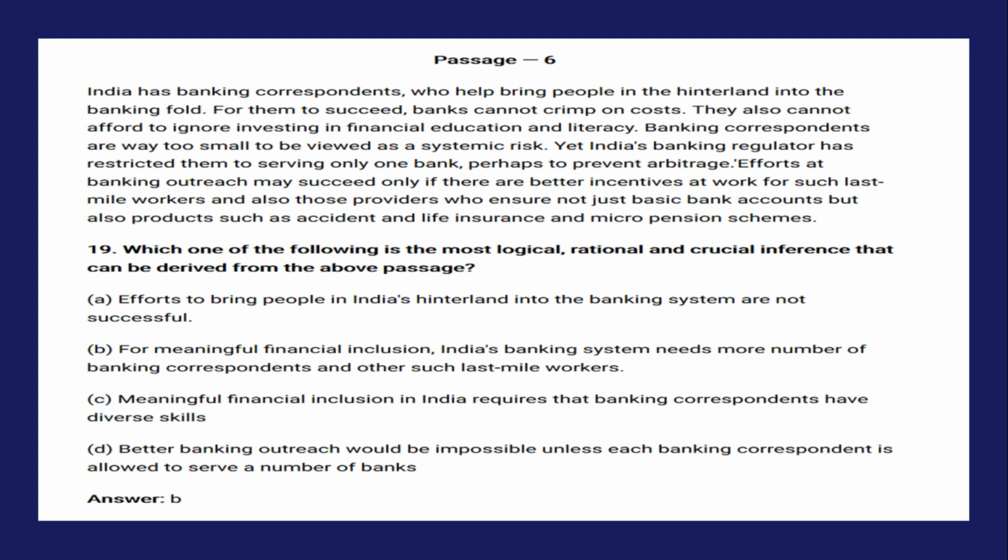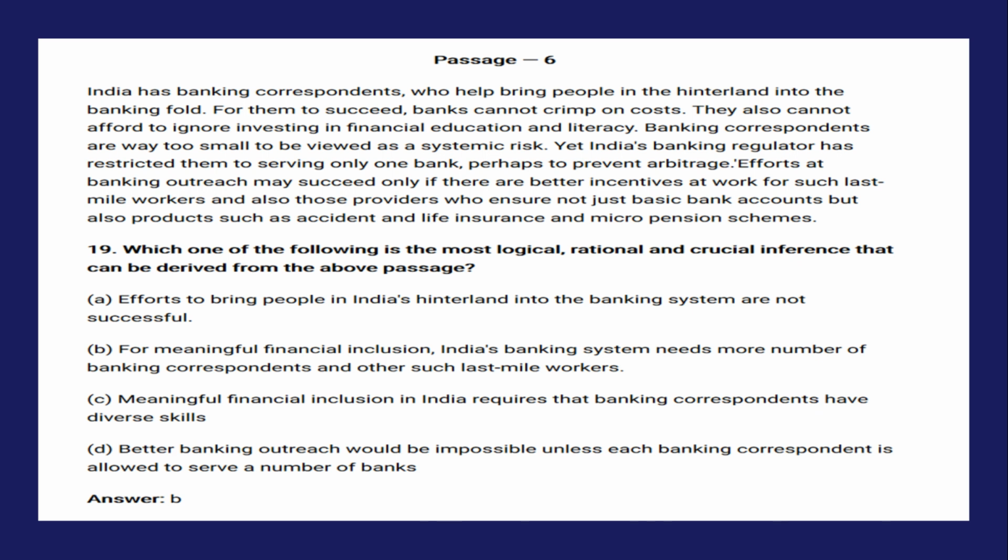Next, passage 6. India has banking correspondents who help bring people in the hinterland into the banking fold. For them to succeed, banks cannot crimp on costs. They also cannot afford to ignore investing in financial education and literacy. Banking correspondents are way too small to be viewed as a systemic risk.